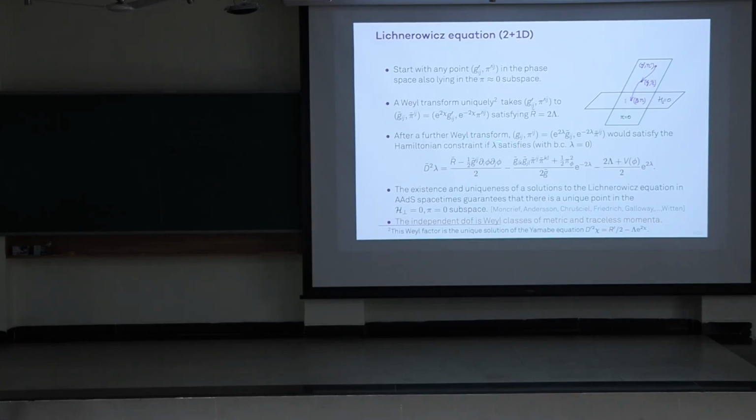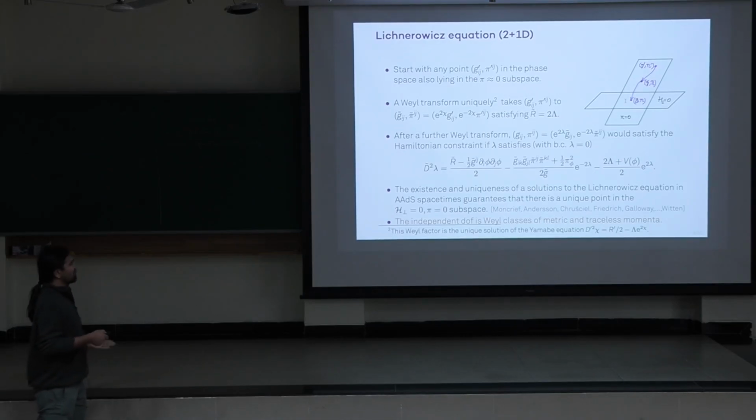After a further Weyl transform, you can go to g and pi, g_ij, pi^ij, such that it's on the h perp equal to 0 surface, but that happens only if the lambda here, which is the Weyl parameter, satisfies this equation. This is the Lichnerowicz equation, and mathematical relativists have shown the existence and uniqueness of solutions to the Lichnerowicz equation in asymptotically AdS spacetimes, and that guarantees that there is a unique point on the full Weyl orbit.